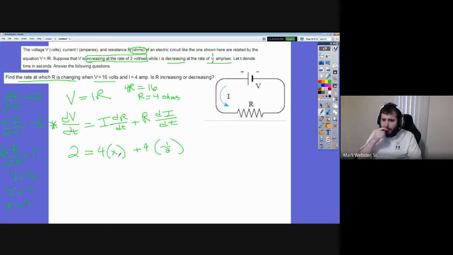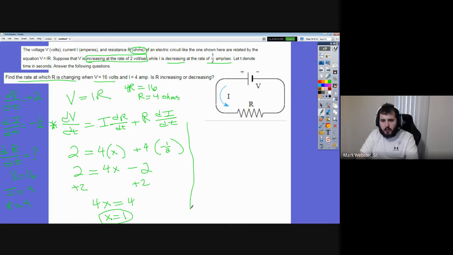Now, once again, this is turned into a basic algebra 1 problem. 2 equals 4x plus, oh, 4 times -1/2, that's -2. So I'm going to change that to a minus sign. And just solve for x. So x equals 1.